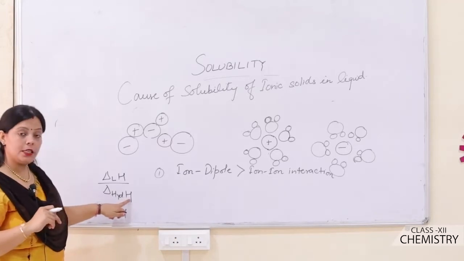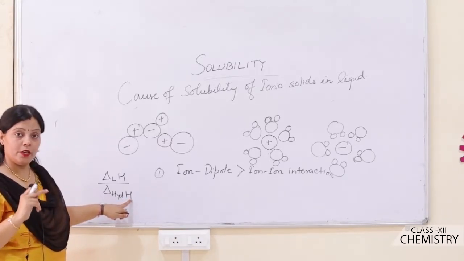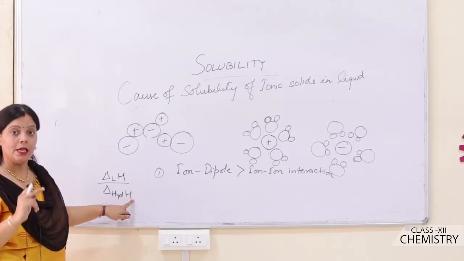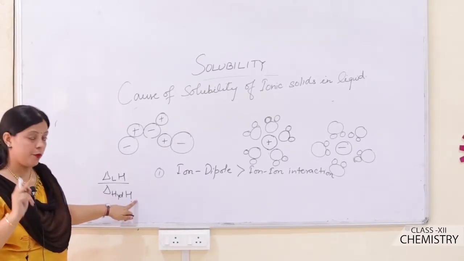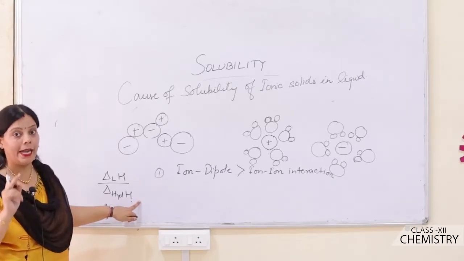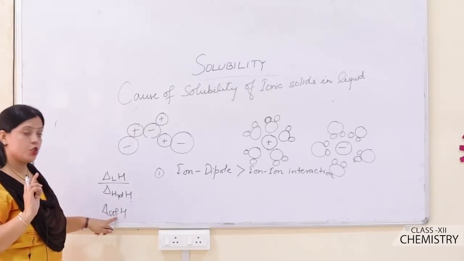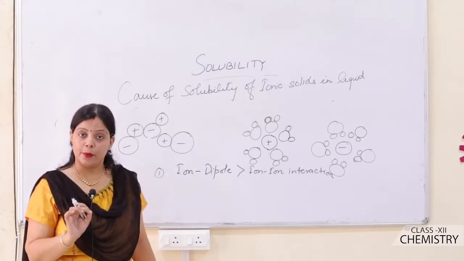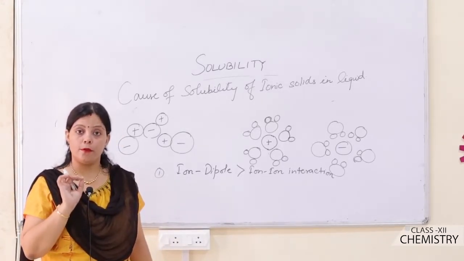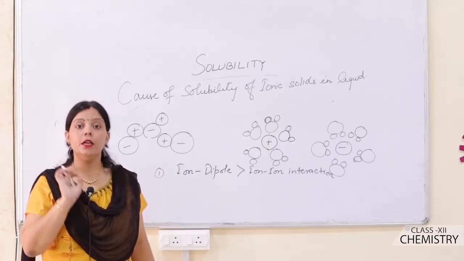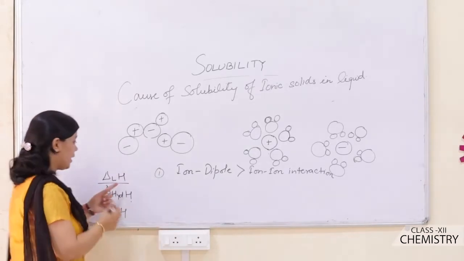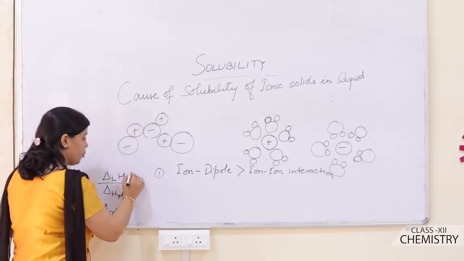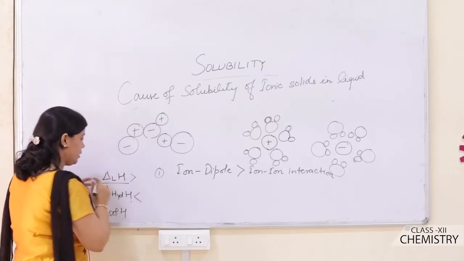And delta hydration enthalpy is the amount of energy released when 1 mole of ionic solid is dissolved in water, means when 1 mole of ionic solid is hydrated. And delta sol H is the total change in the enthalpy when 1 mole of solid is undergoing the dissolution process. That delta LH is always a positive value and the hydration enthalpy is always a negative value.